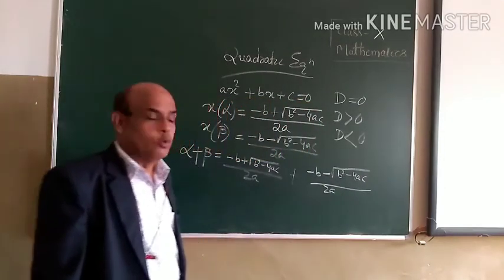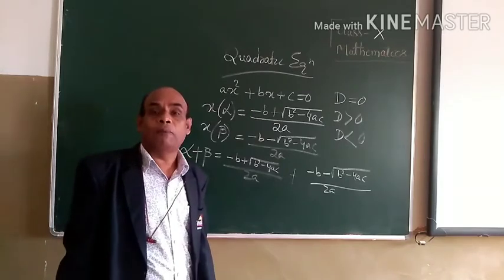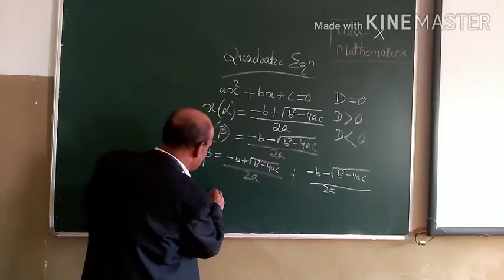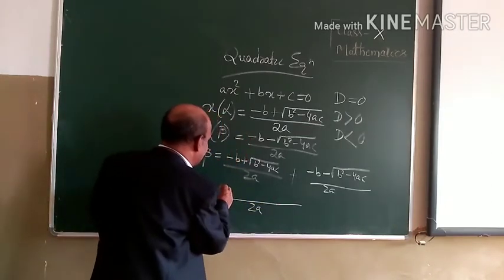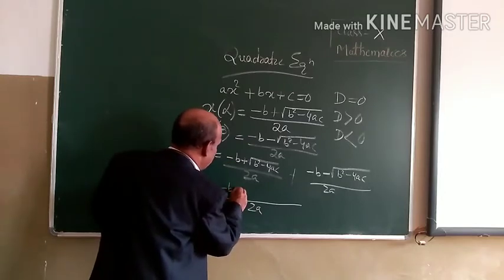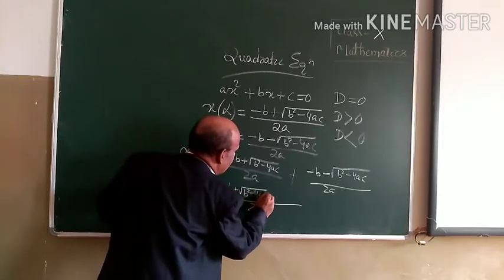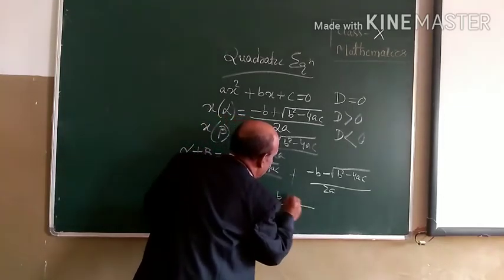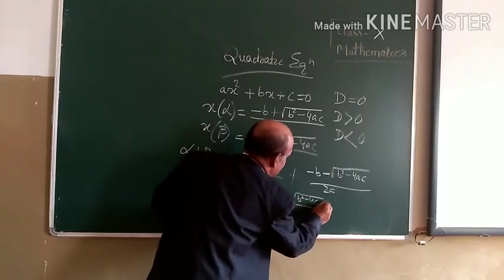Now you see the LCM is 2a, so you get minus b plus root of b square minus 4ac, then minus b minus root of b square minus 4ac.